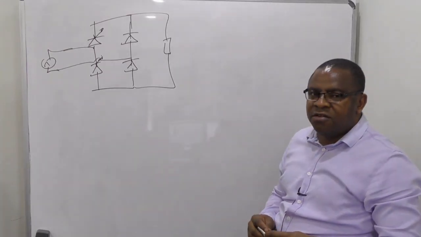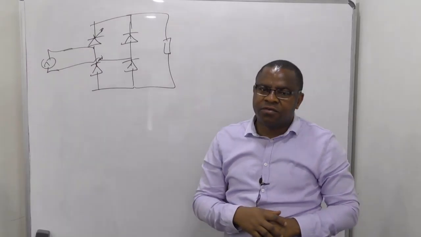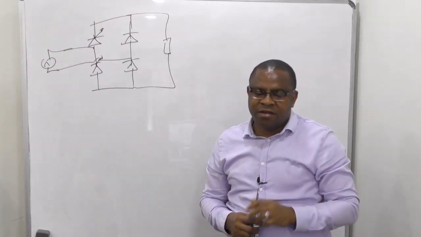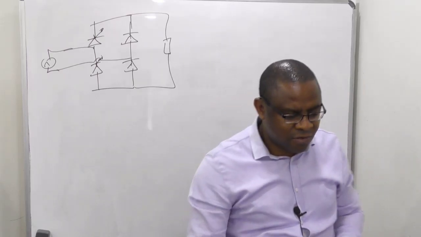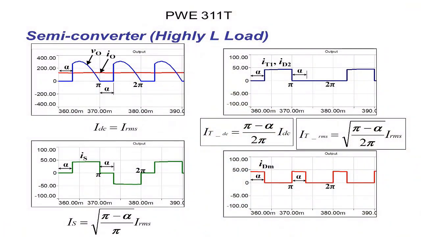Once you have a semi-converter like this with highly inductive load, the input RMS current is no more the same as the output RMS current. So we rather use this equation that the input RMS current, that is your IS, is the same thing as the square root of pi minus alpha over pi multiplied by IRMS.